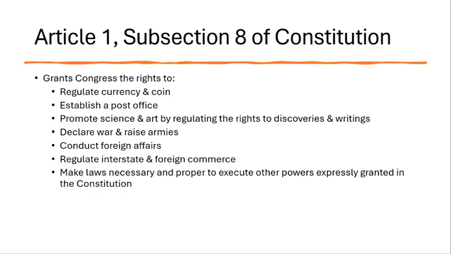You can find them on any actual documented version of the Constitution, whether that be through the official government, which I'm not sure if it's still available or not, but they do say that the basic powers of Congress are to regulate currency, establish post offices, promote sciences and arts through regulation, declare war, raise armies, conduct foreign affairs, regulate interstate and foreign commerce, and make laws necessary and proper to execute other powers expressly granted in the Constitution.